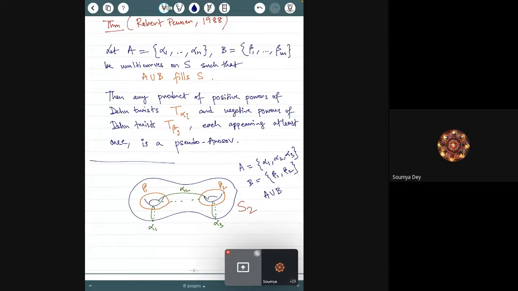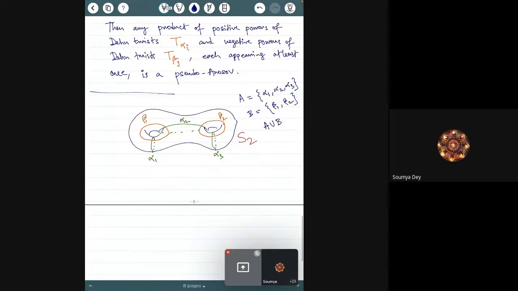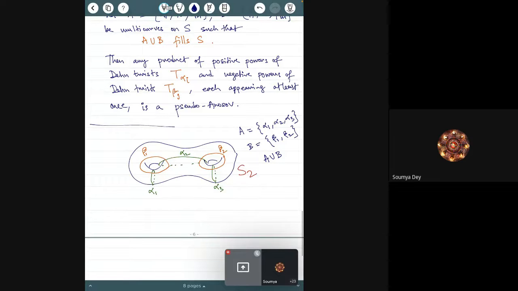So you can actually check this. Can you guess how many disks will be there? Yes, can you help me with this?